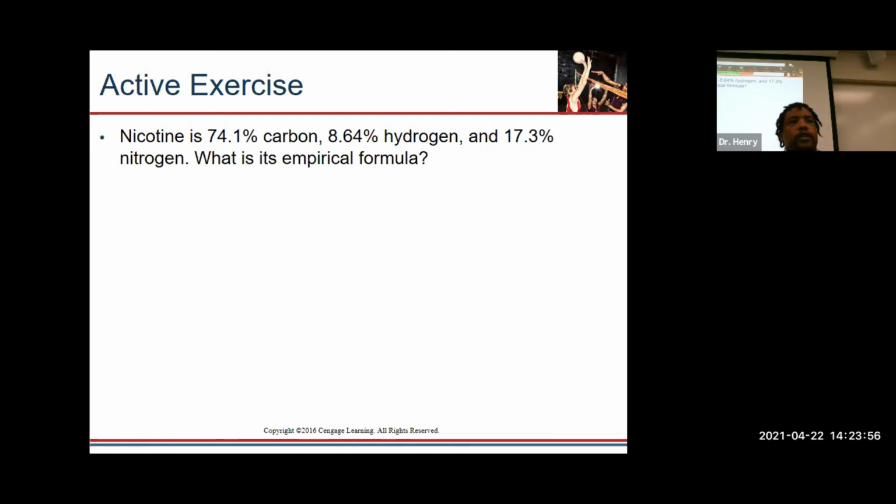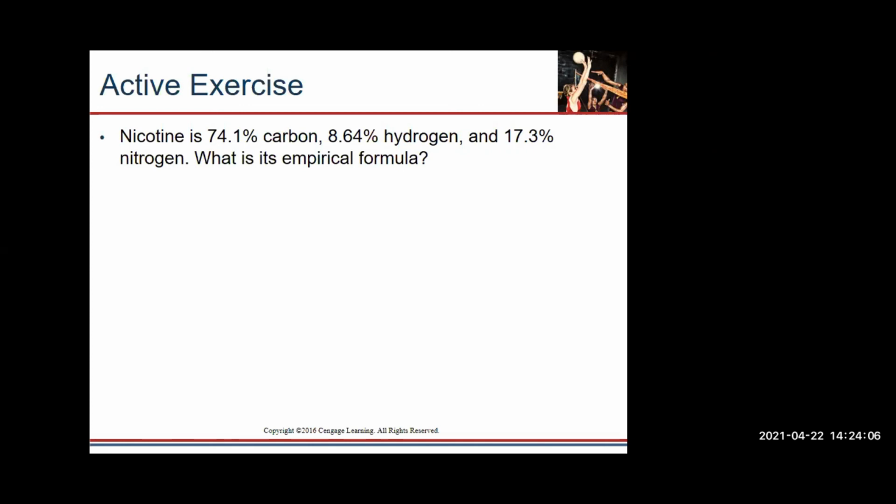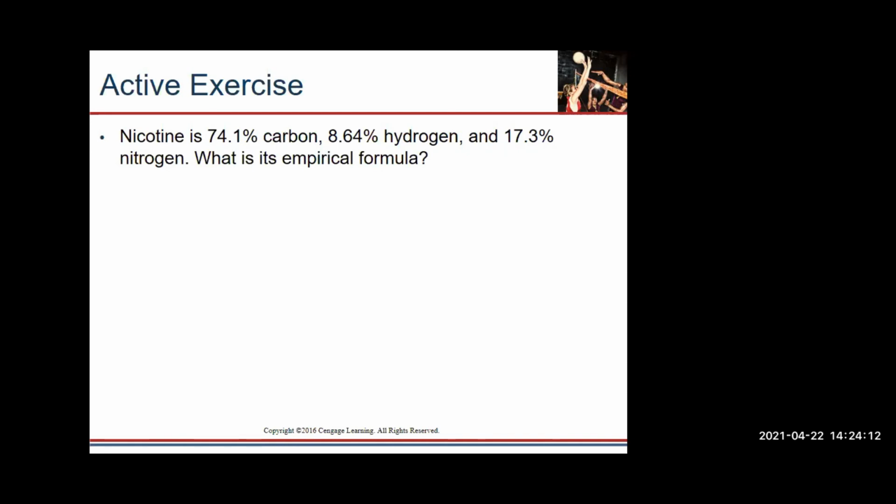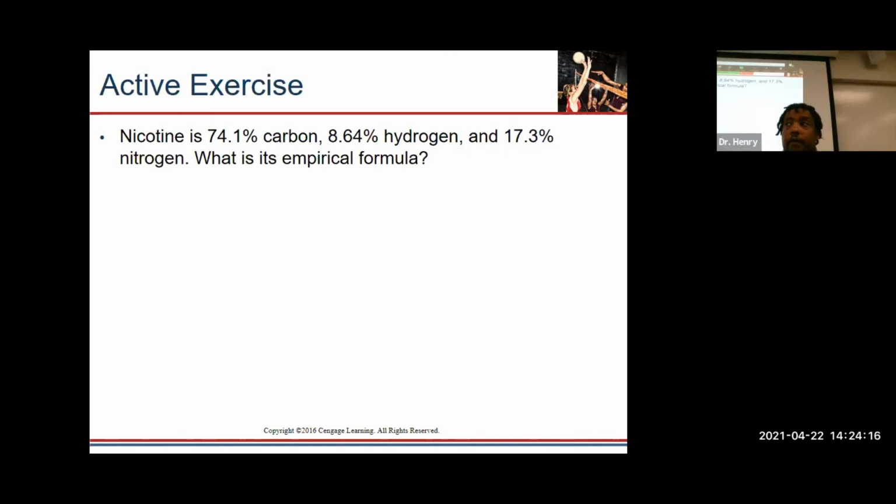So what is a logical assumption that I can make about the nicotine? Carbon is going to make up the majority. Okay. But if I add them all together, won't they all make up all of nicotine? Yes.